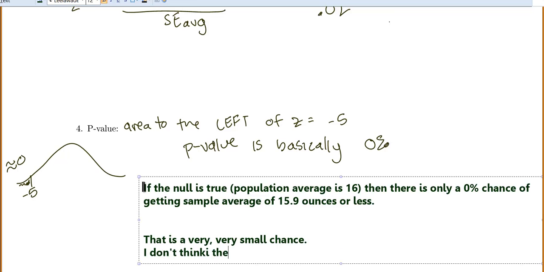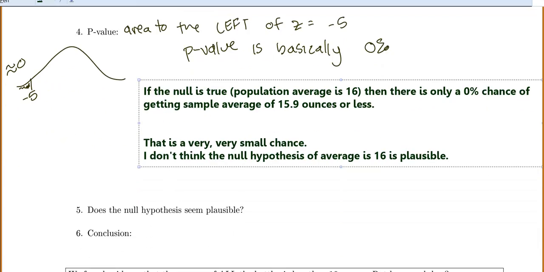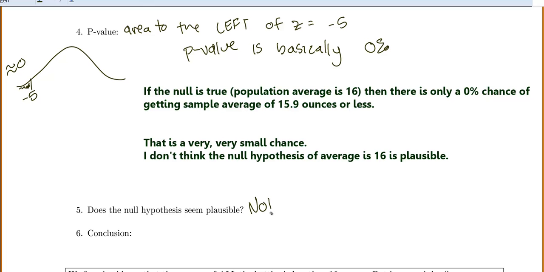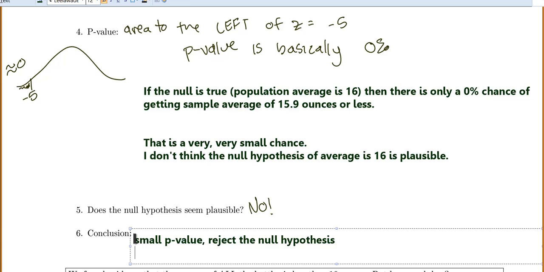So I don't think the null hypothesis of the average is 16 is plausible. In fact, not only do I not think it's plausible, I'm quite certain that it is not plausible. So, does it seem plausible? No, absolutely not. So in conclusion, we had a small p-value, 0% is very small, so we'll reject the null hypothesis. You always reject the null hypothesis if you have a small p-value.